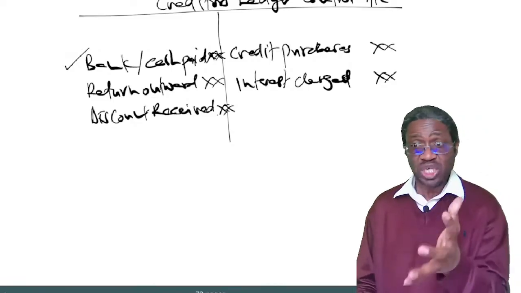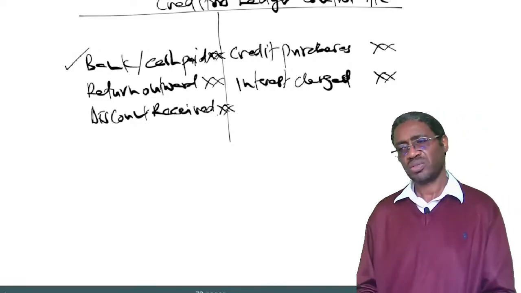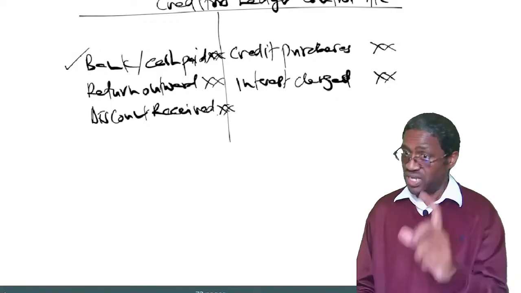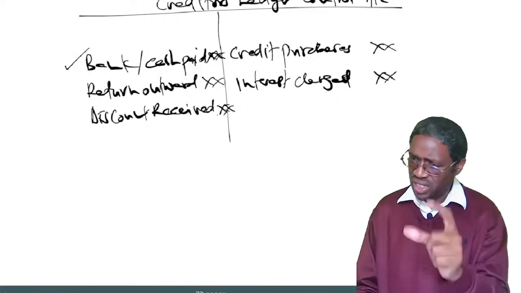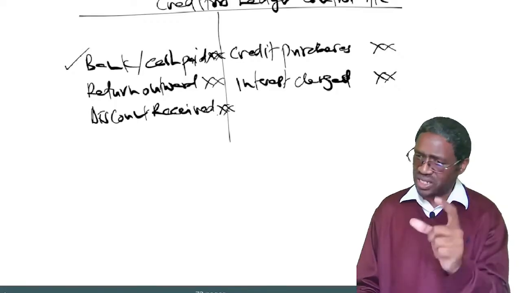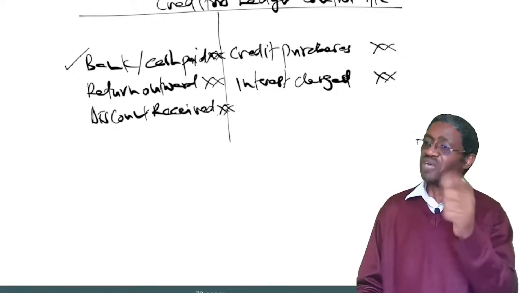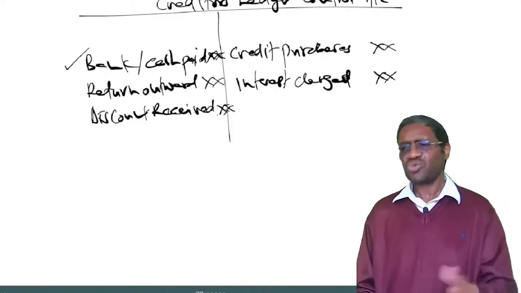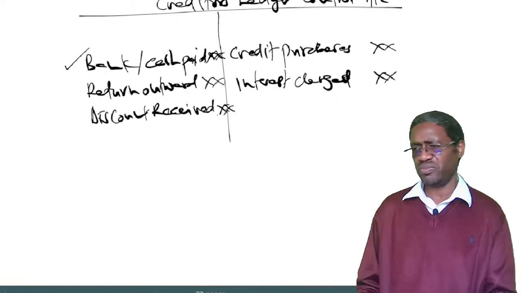So have you actually paid Kamau? No. Therefore, when a check given to a creditor becomes dishonored, you have not paid him, so go back and increase what you owe him.